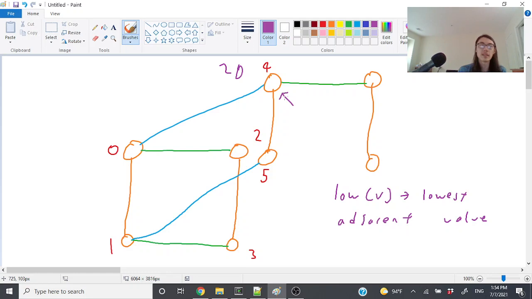That works because it'll process the lowest node first, then the next lowest, and so on. And also because of the way the hypercube is nicely arranged, it works out that way. So when you get to visiting a node, you sort its adjacencies by their low value. Also, low of V is infinity if it hasn't visited anything yet.